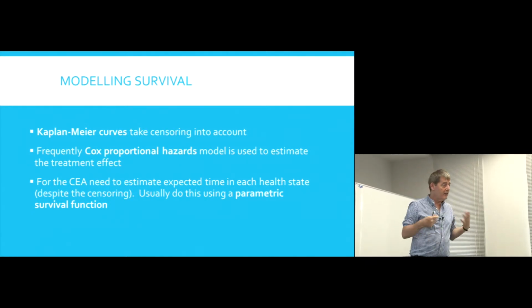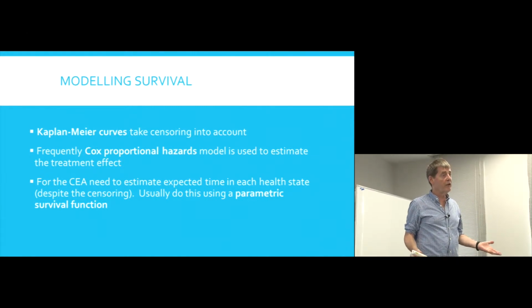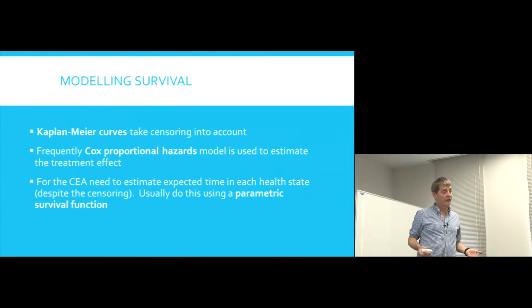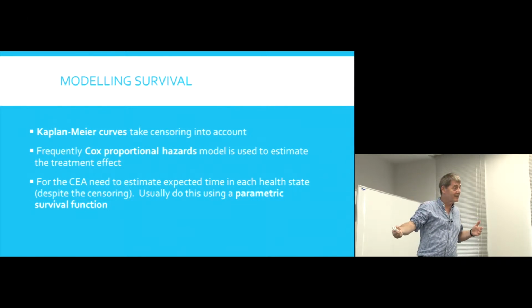Now, these methods that are widely used in the clinical literature to report trials are not particularly helpful for economic evaluation because they describe what happened during the trial. For economic evaluation, we're interested also in what happened next.